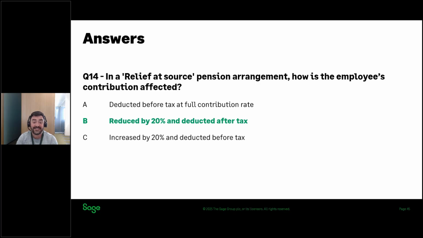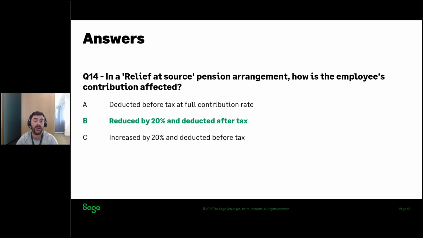So for this one, it is answer B. So the employee's pension contribution is reduced by 20%, which is the basic rate of tax, and then it is deducted after tax, because relief at source means that it is deducted after tax, but the tax relief is then claimed back by the pension provider directly from HMRC at the basic rate of 20%.